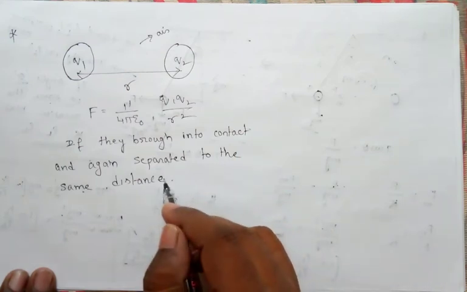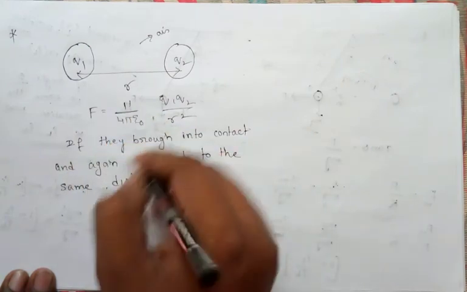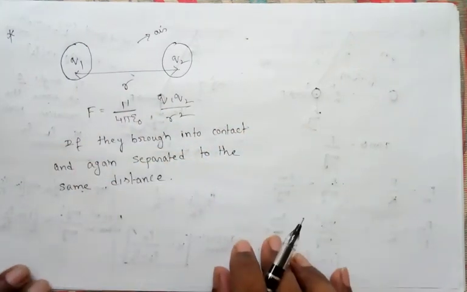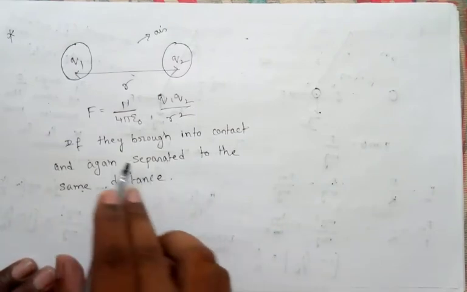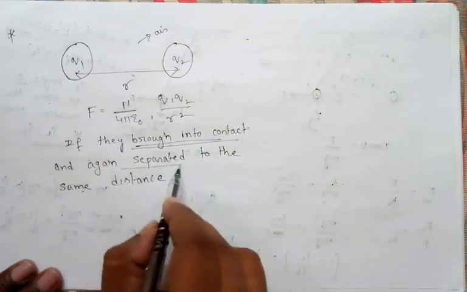So what is the new force, and the ratio of the new force to the initial force? You have to discuss it. They are brought into contact and again separated.